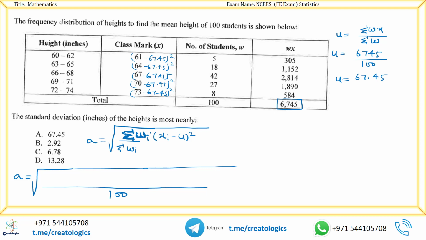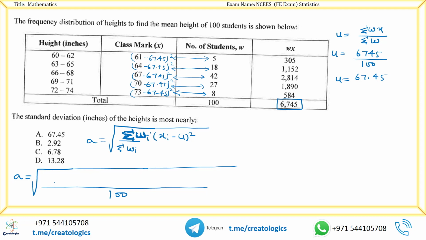Now multiply these values with their corresponding frequencies, this one with the 5, this one with the 18, this one with the 42, this one with 27, and the last one with the 8. Multiply them and add up the results.